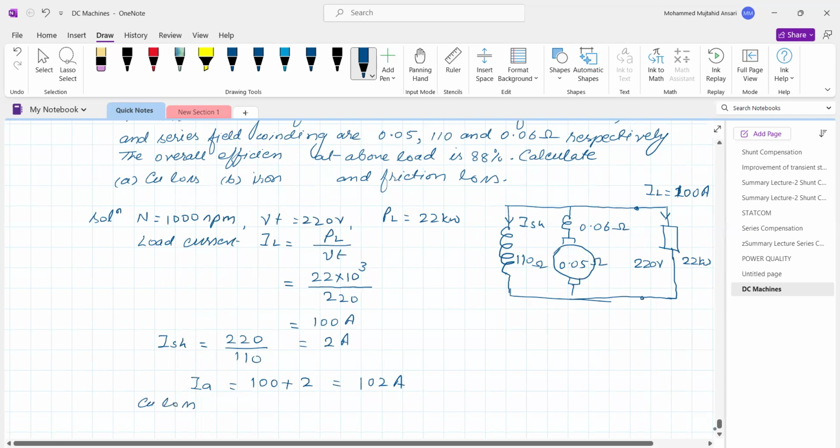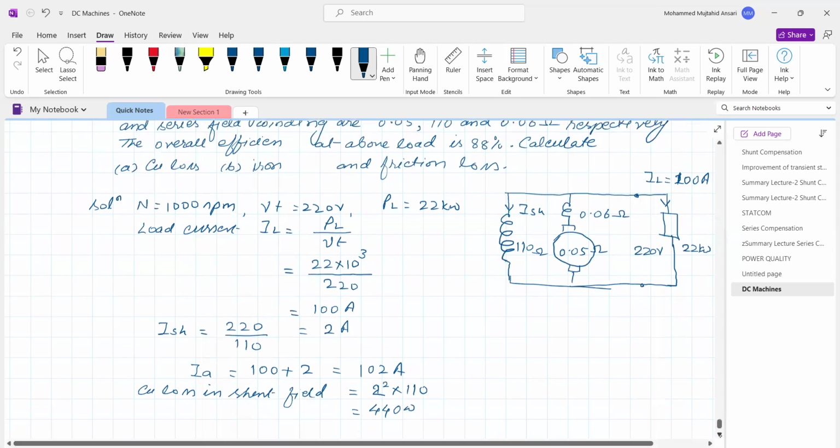Cu loss in shunt field is 2 ampere squared multiplied by the resistance 110. So it is equal to 440 watt. This is one parameter.